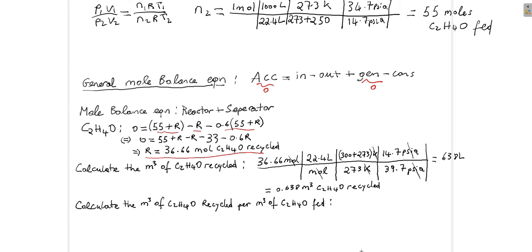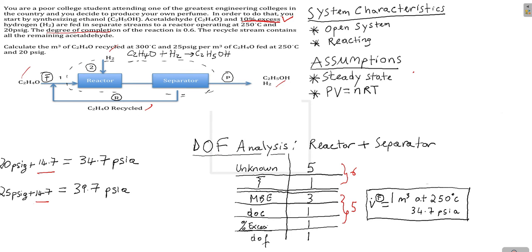Now that we have the number of moles of C2H4O recycled, we need to find the cubic meters of C2H4O recycled. In order to do that, we need to consider the temperature and pressure changes. The problem told us to find the cubic meters of C2H4O recycled at 300 degrees Celsius and 25 psig.